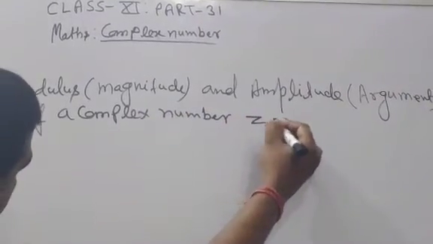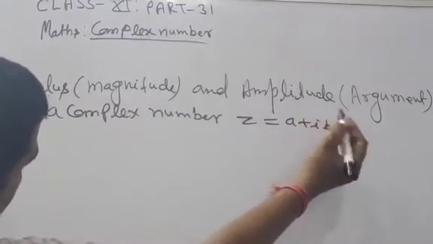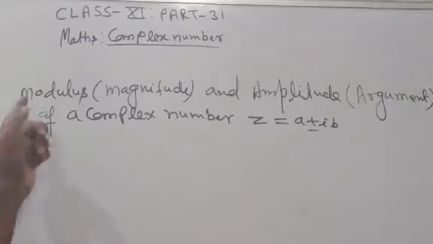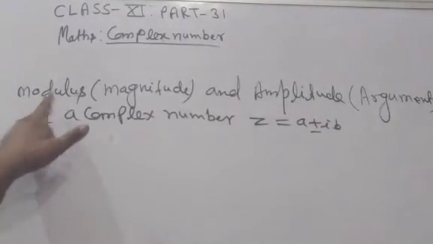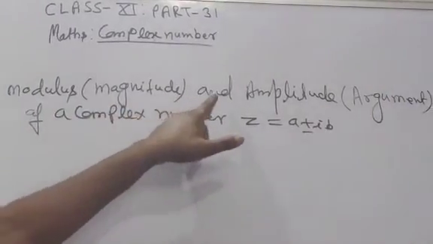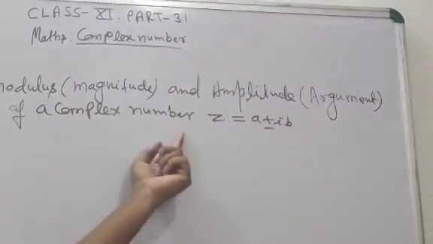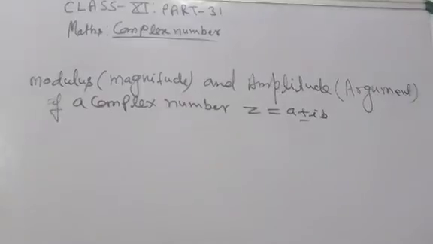A complex number z is equal to a plus ib, where a and b are any numbers. Modulus means magnitude and amplitude means argument of a complex number z is equal to a plus or minus ib.